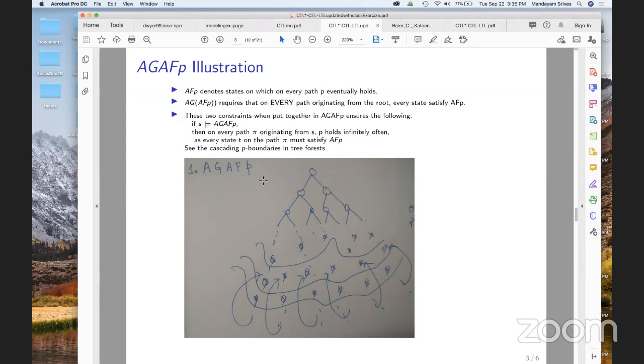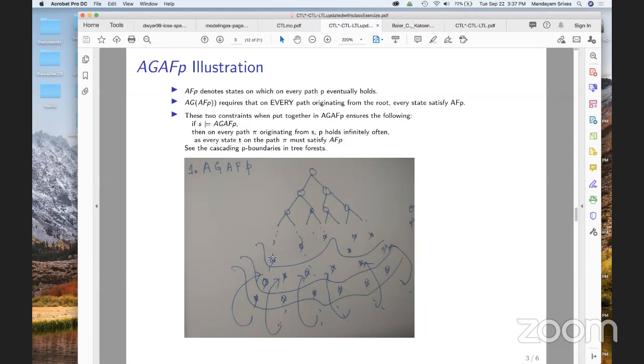It exactly requires that P should occur infinitely often on all paths originating from the root. Is that a yes? Okay. So that's clear.